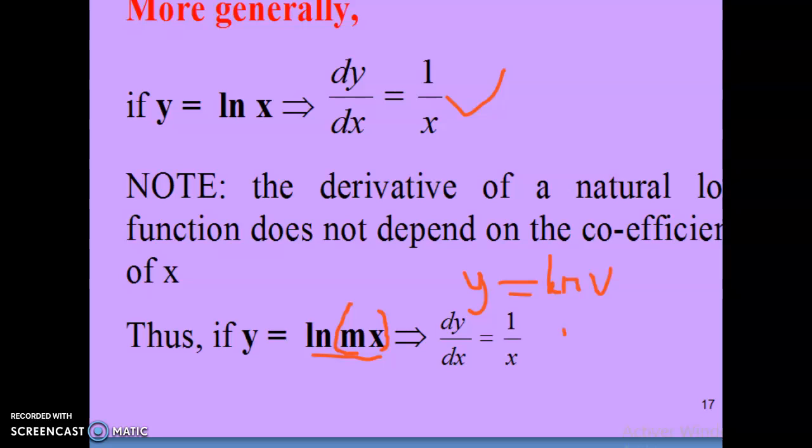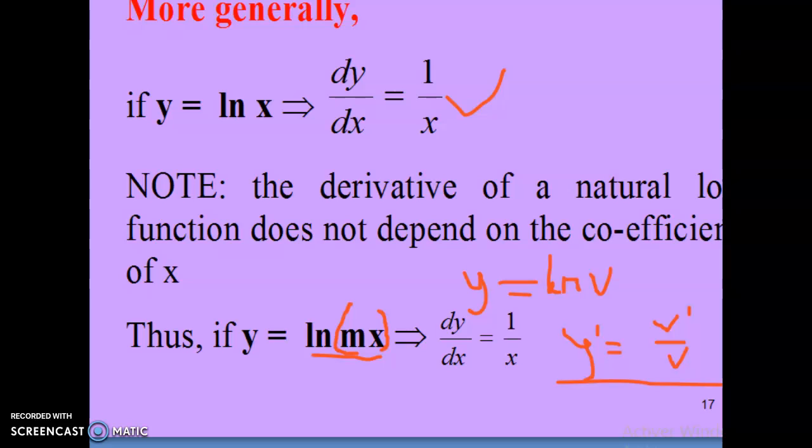Let me just put it as y prime. Y prime now becomes v prime over v. This is the general formula for differentiating ln.